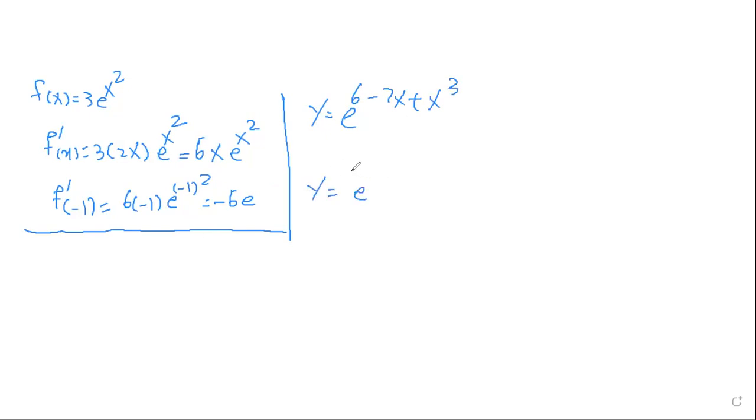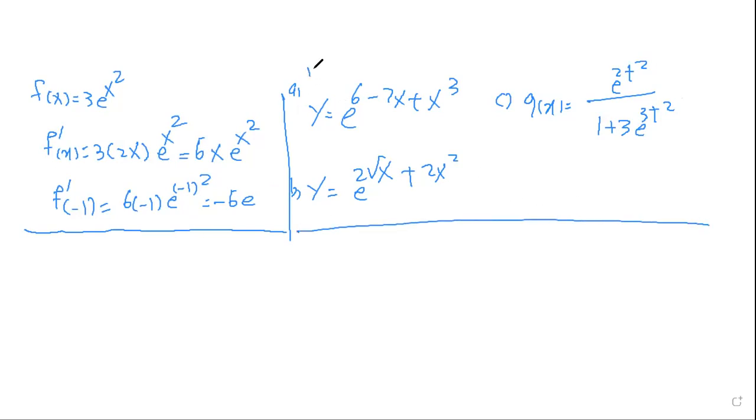Y is e to the power 2 root x plus 2x squared. We don't have this question in the book. This is A, this is B, this is C: g(x) equals e to the power t squared over 1 plus 3e to the power 3t squared. This is question 1.